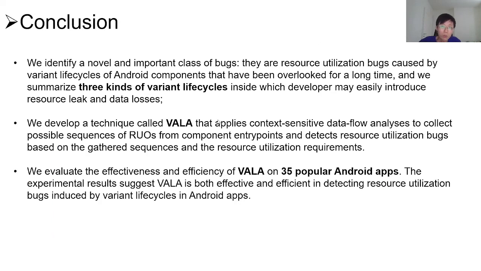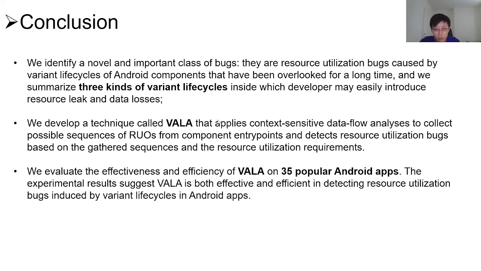And at last, we can have our summary. In this paper, we identify a novel and important class of bugs that are resource utilization bugs caused by variant life cycles. And we summarized three different kinds of dangerous variant life cycles. Next, we developed a technique called Vala.